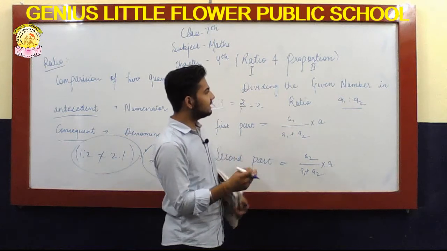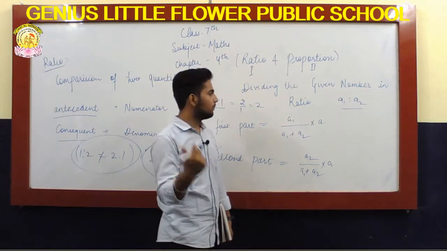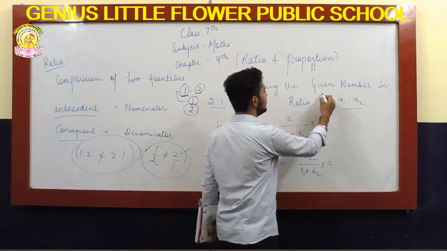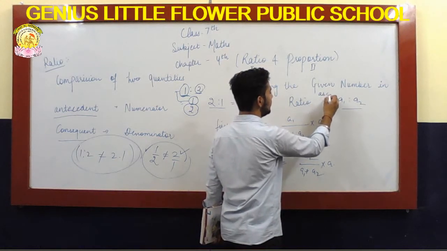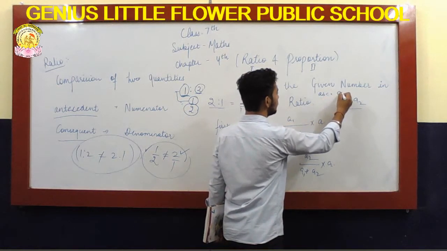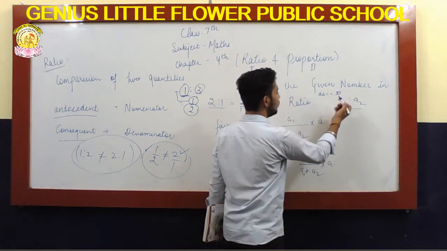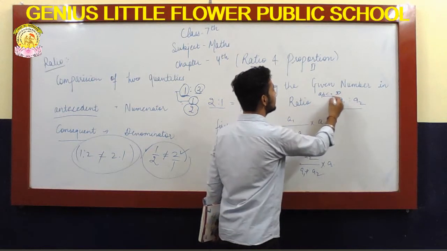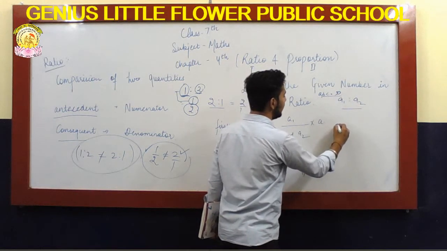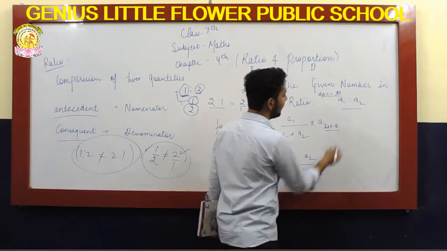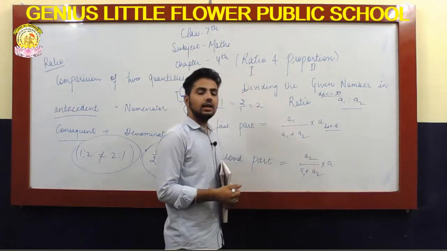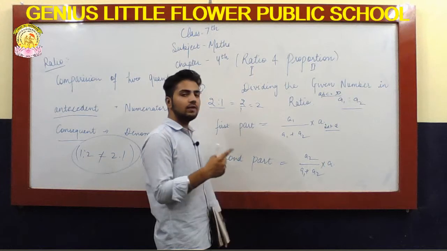You have to consider the number, for example ABC, to be X, or you can simply say A. Let the number be A and the ratio is A1:A2.